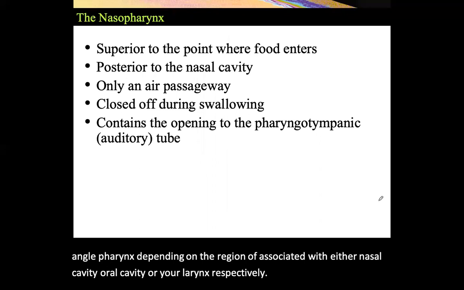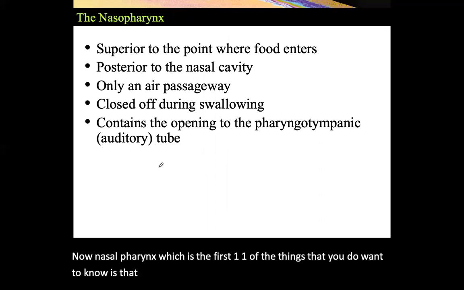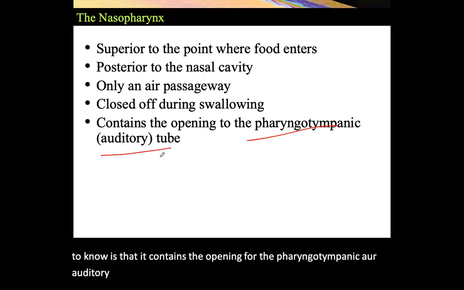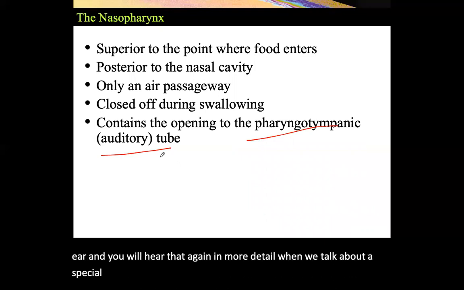Now, nasopharynx, which is the first one, one of the things that you do want to know is that it contains the opening for the pharyngeotympanic or auditory tube. This is a tube that connects the pharynx to the middle ear, and you will hear that again in more detail when we talk about special senses and your sense of hearing.